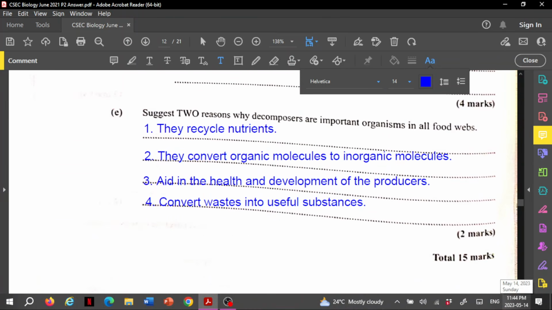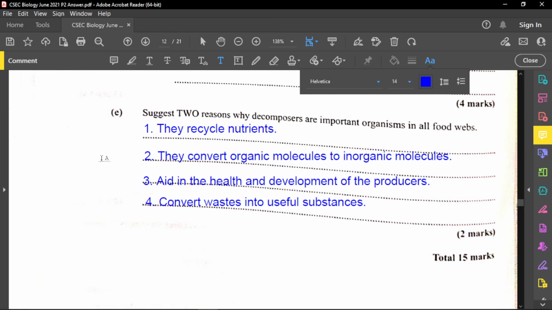Now for part E, which is the last section for this question, is to suggest 2 reasons why decomposers are important organisms in all food webs. And decomposers are important, one, because they recycle nutrients, they convert organic molecules to inorganic molecules, and plants use inorganic molecules.